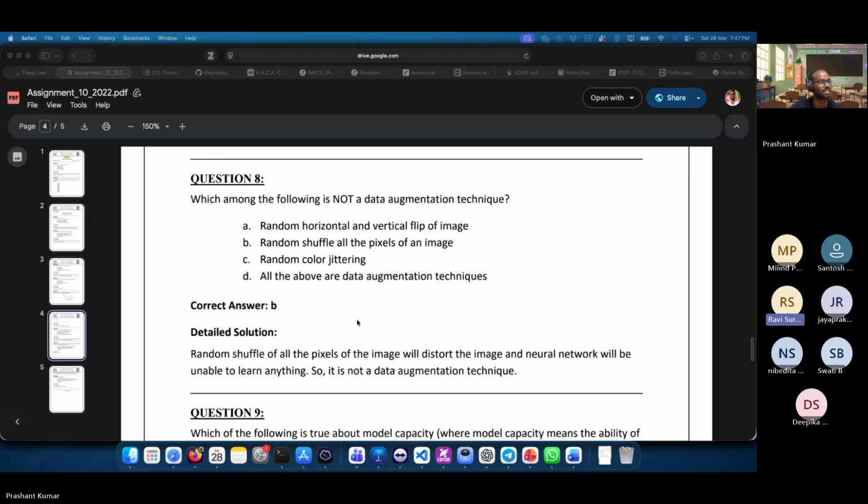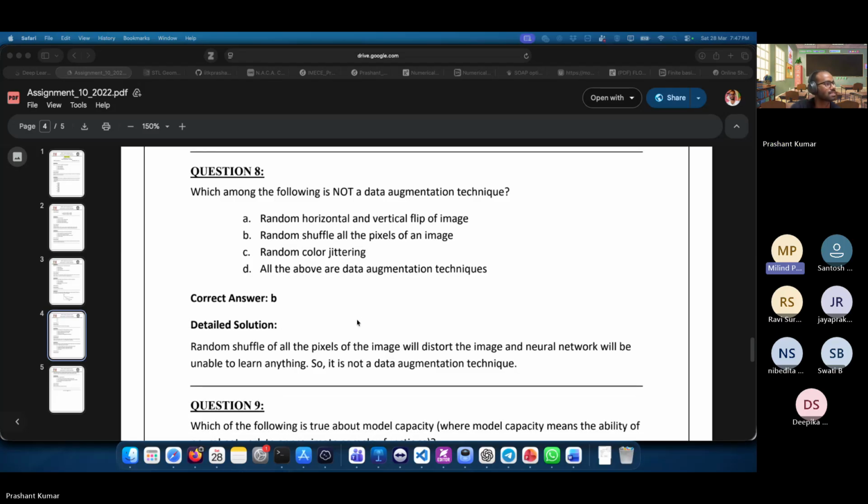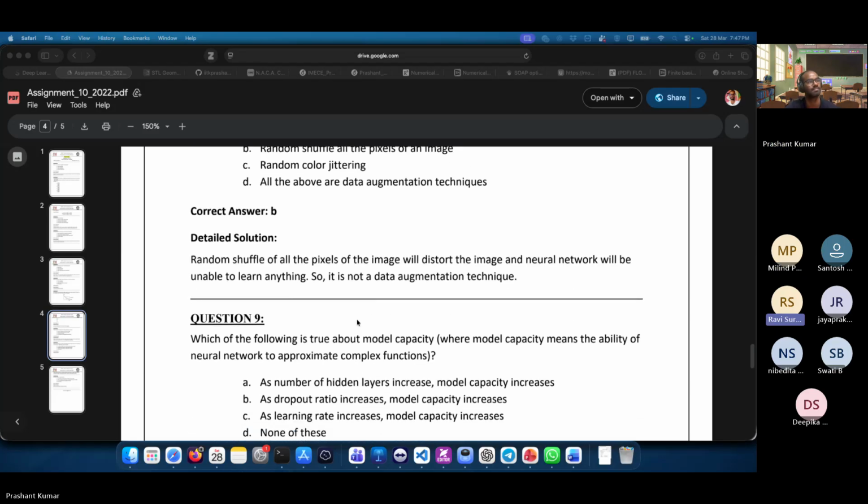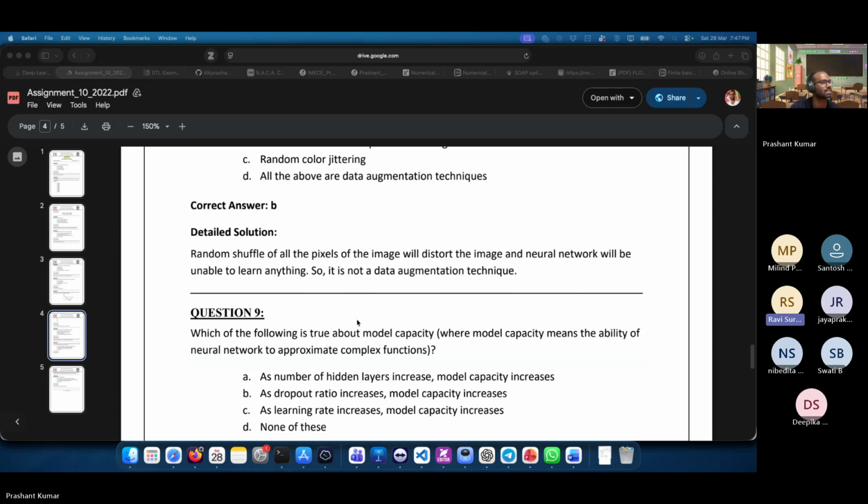If we change pixels, the whole image will change and confuse the neural network. It is more like creating noise, and noise never helps. The neural network will be unable to learn anything.